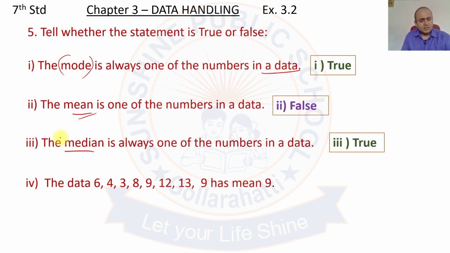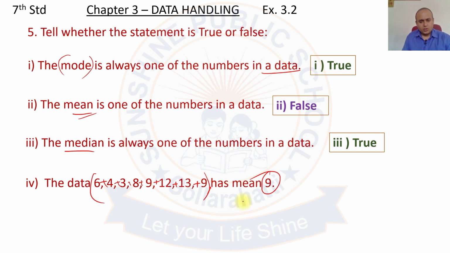Fourth question, the data 6, 4, 3, 8, 9, 12, 13, 9 has a mean of 9. Here they have given some data and said that the mean is equal to 9. Therefore, we should check the mean ourselves. Let us add all these numbers: 6 plus 4 plus 3 plus 8 plus 9 plus 12 plus 13 plus 9.